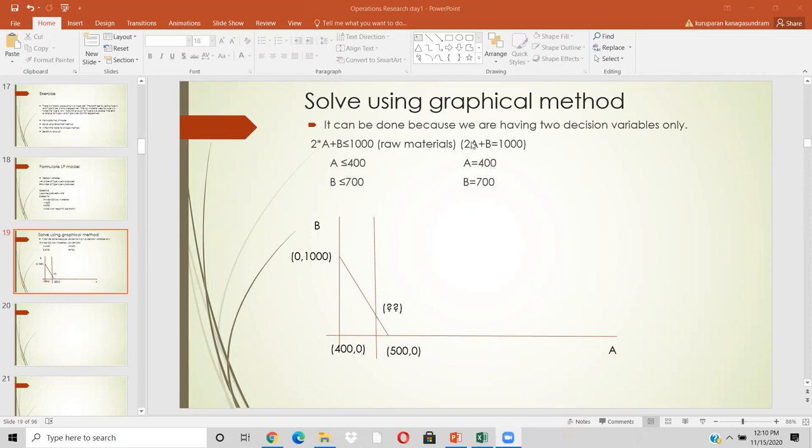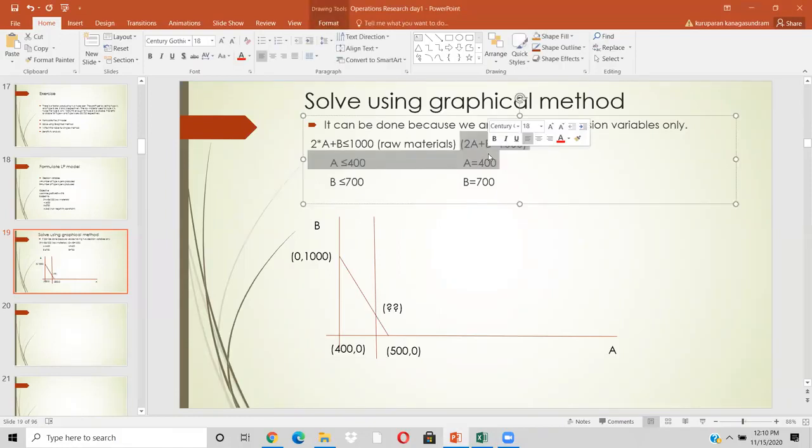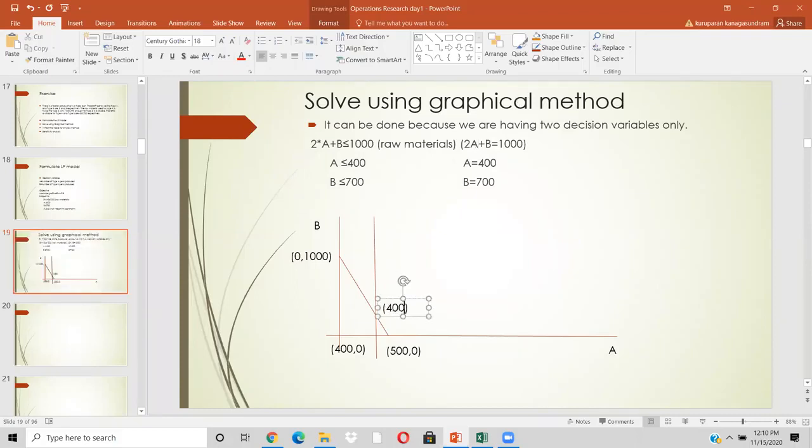So by solving this equation and this equation, you will get the value A is equal to 400. So substitute here. A is equal to 400 means this will be 400 comma, for the B it will be 200.